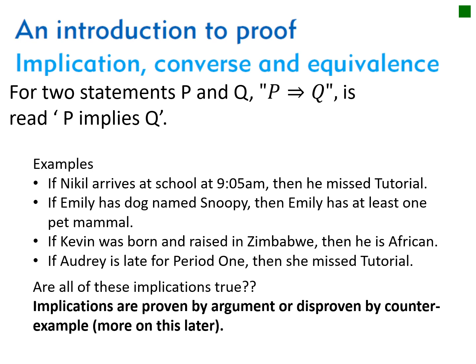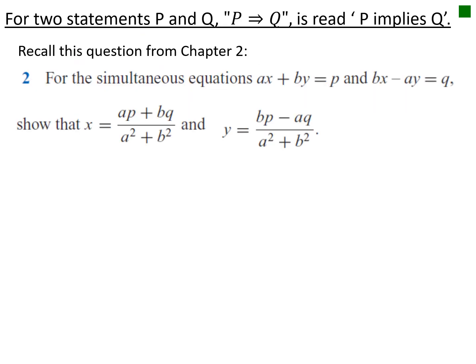Perhaps she was detained by her tute teacher, or she had to see another teacher, or something to that effect. If Kevin was born and raised in Zimbabwe, then he is African. Perhaps you might have a different view of what African is. But we'll get on to it, these are all non-mathematical examples. Let's look at the context of mathematics.